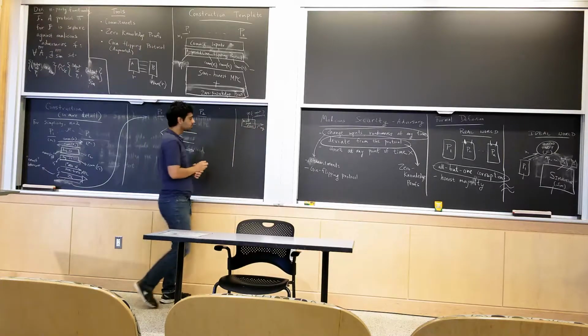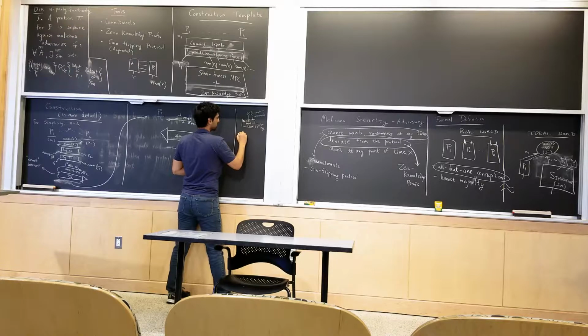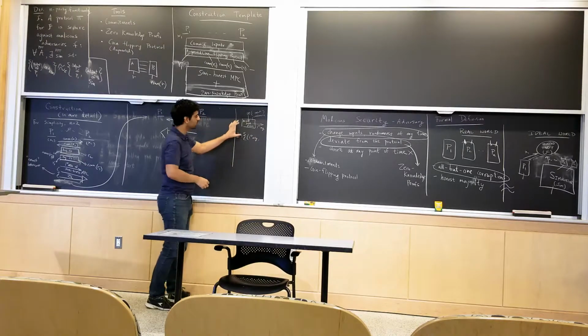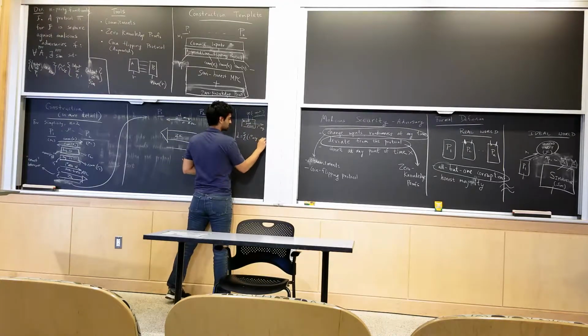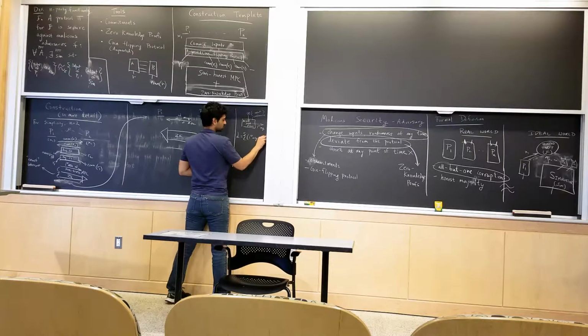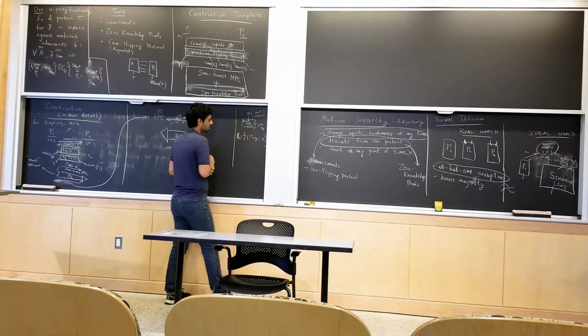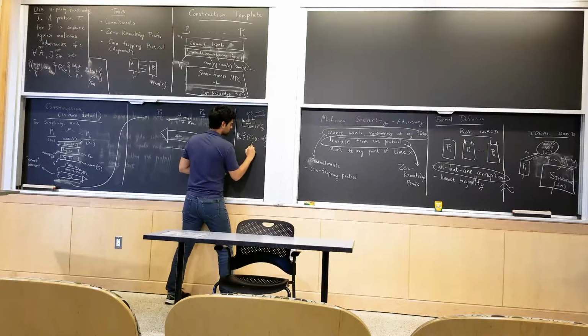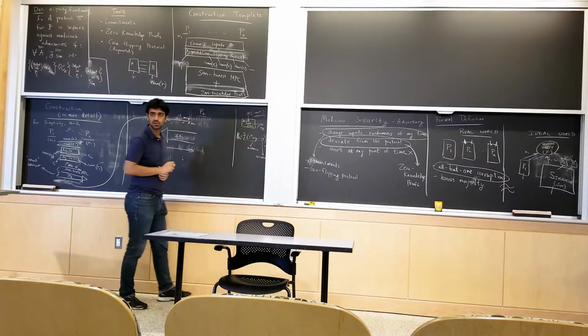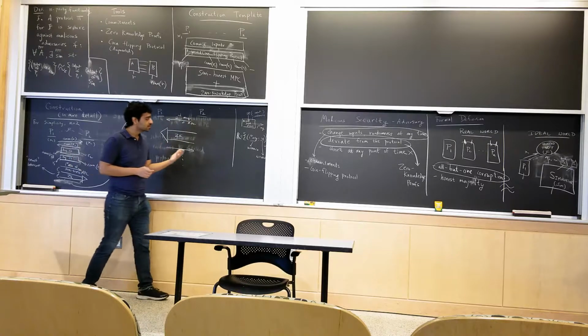So what is the language here? The language here consists of the first message. And what is the witness? The witness is just the state. Oh, I should write it as a relation and not a language. Okay, so this is the instance, and this is the witness. And why is it NP?